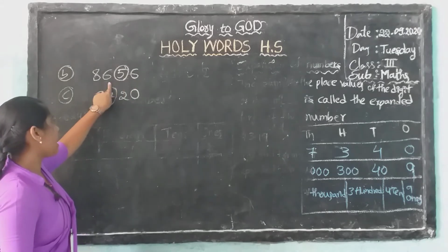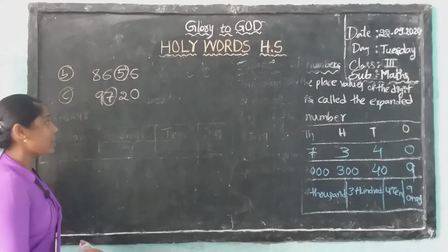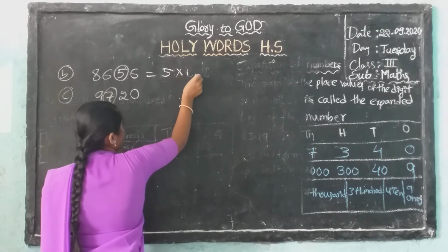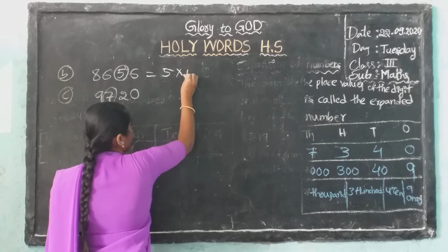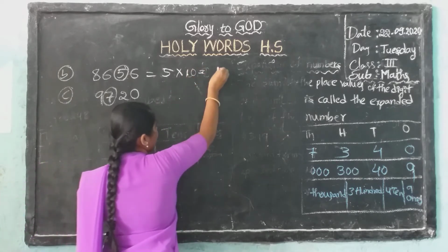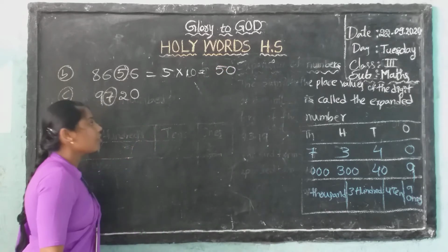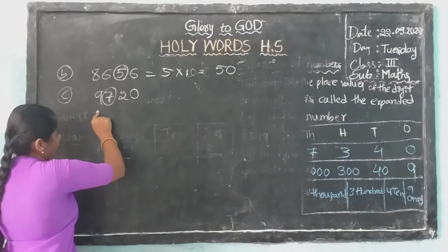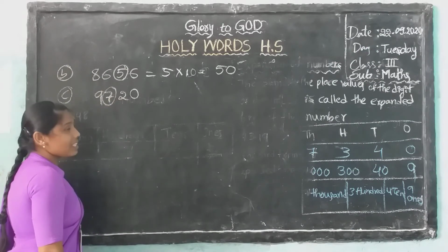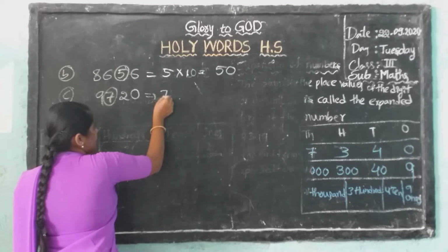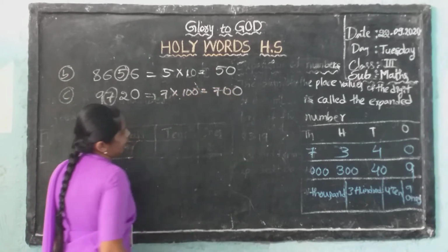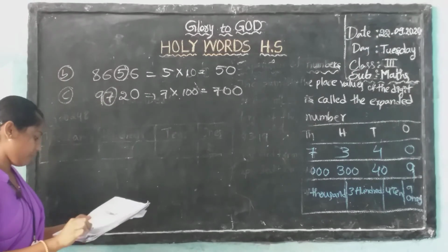Ones, tens, hundreds, thousands. Tens place. So 5 into 10 equals 50. 5 tens are 50. And next, 9720. 7 is in the hundreds place. 7 into 100 is 700. So this is the place value.